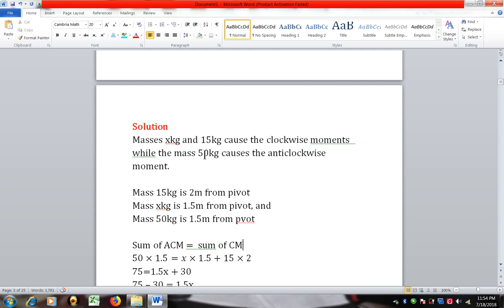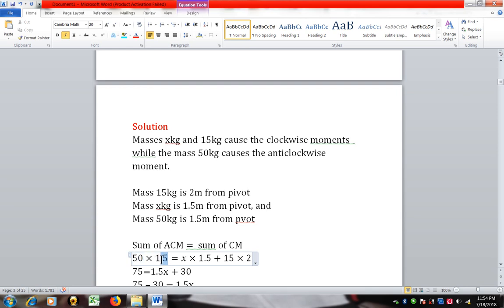Mass 15 kilogram is 2 meter from the pivot, and mass X kilogram is 1.5 meter from the pivot. The moment due to 15 kilogram is going to be 15 times 2. The moment due to X is going to be X times 1.5, while the moment due to 50 kilogram is going to be 50 times 1.5. This is the anti-clockwise moment, due to 50 kilogram.